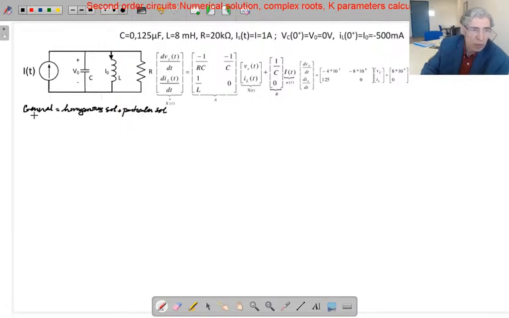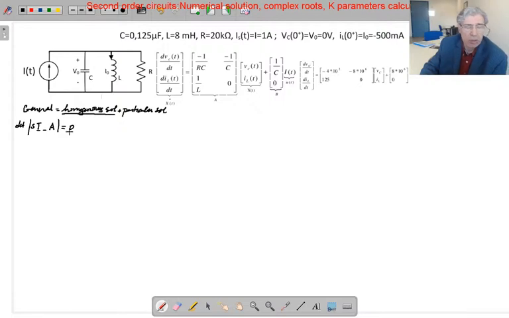So start from the homogeneous solution now. In order to find the homogeneous solution, we've got to calculate the characteristic roots. First we are going to find the characteristic equation and then the characteristic root. How are we going to find it? The determinant of sI minus A is equal to 0.